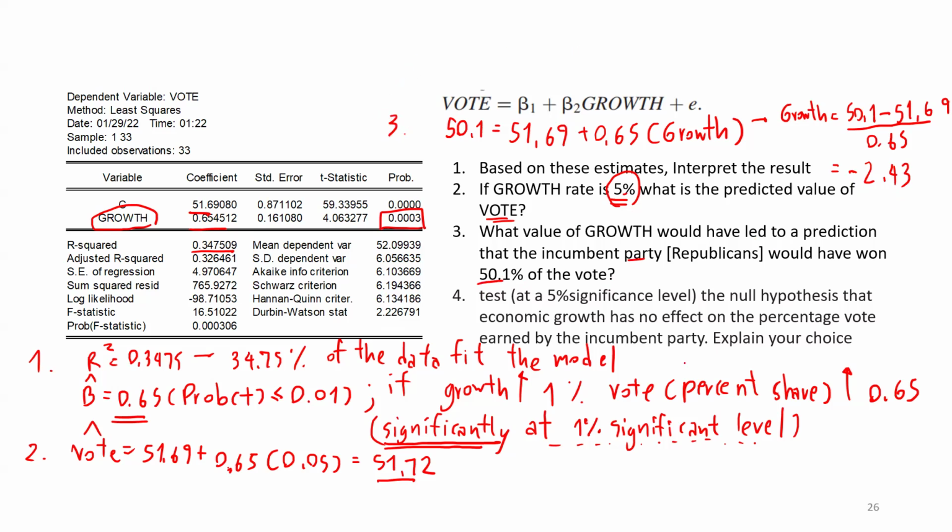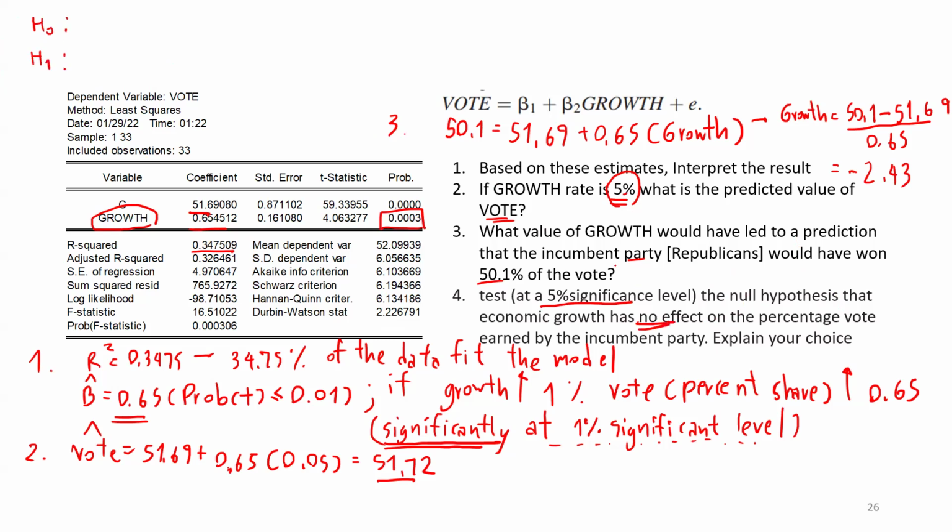And number 4: test at 5% significance level the null hypothesis that economic growth has no effect on the percentage vote earned by the party. Explain your choice. So H0 versus H1.